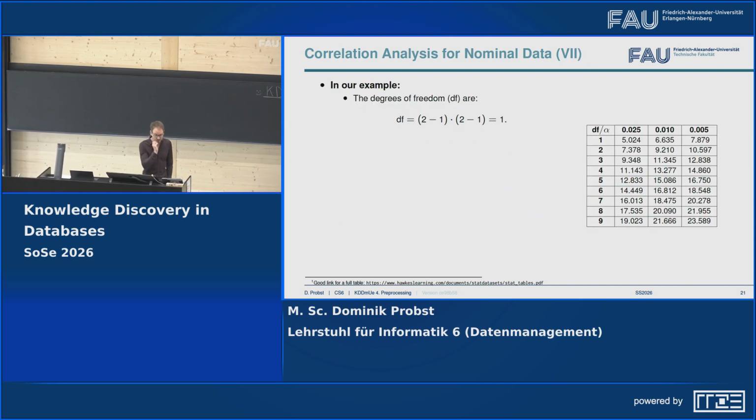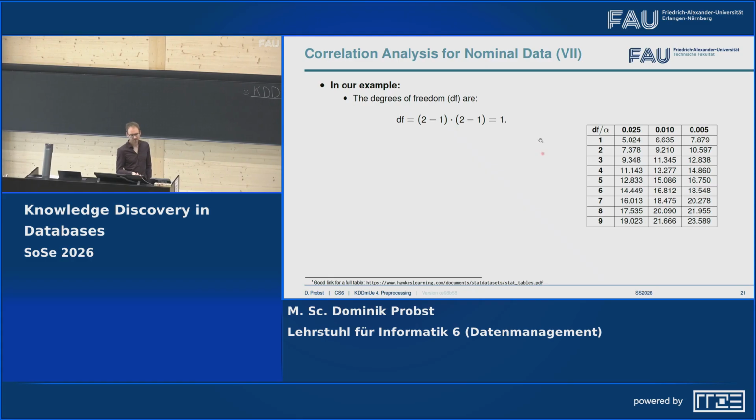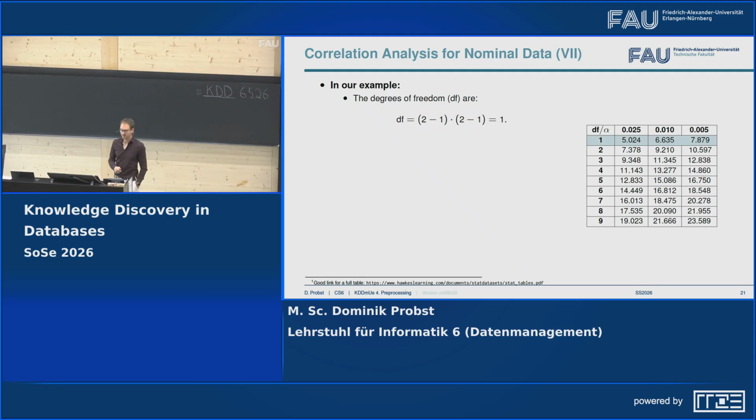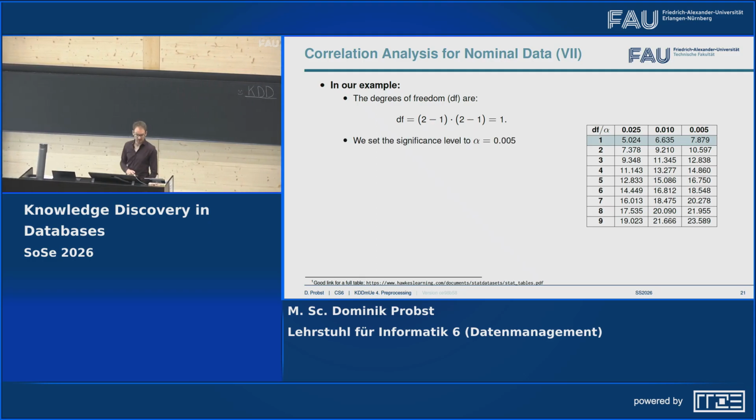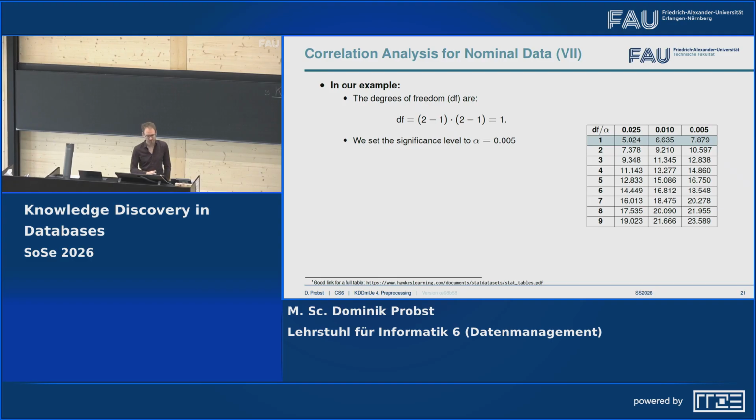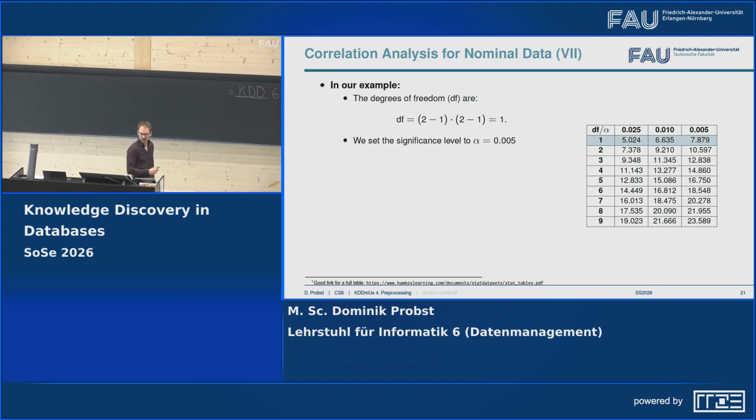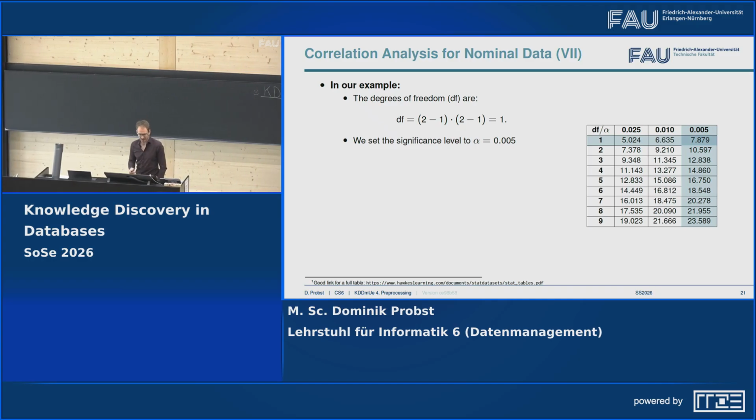Well, in our example, we already defined degrees of freedom is 1, that's given. We set up the significance level to 0.005. And now we can look it up in a table for the chi-squared values.